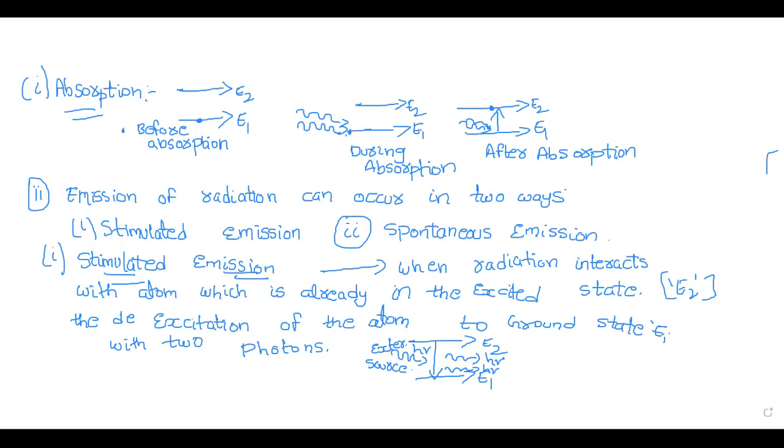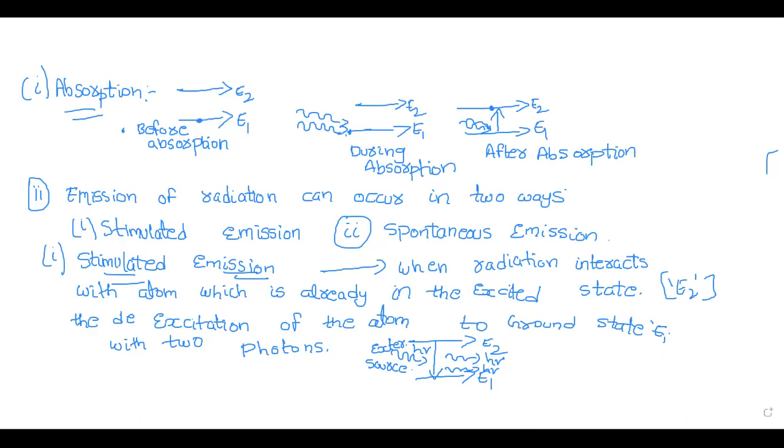Now we are applying an external source here. What is that external source? Photon light radiation is interacting with the atom. As you can see, during absorption the atom goes to the higher energy state after absorbing the energy E equal to h nu.